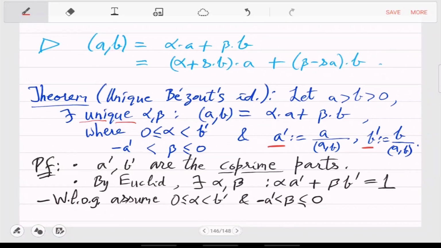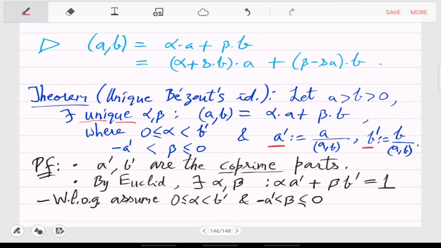That in alpha a plus beta b, you can add s b to alpha and then subtract s a from beta. So you can think of it as alpha being divided by b, and the quotient s that you get, minus s a you can do on beta.